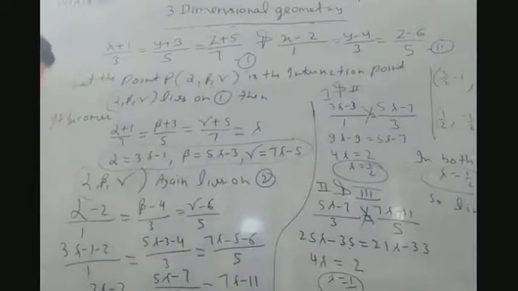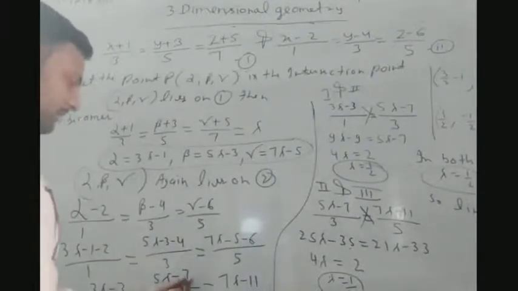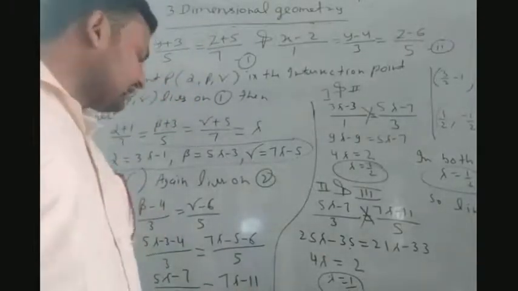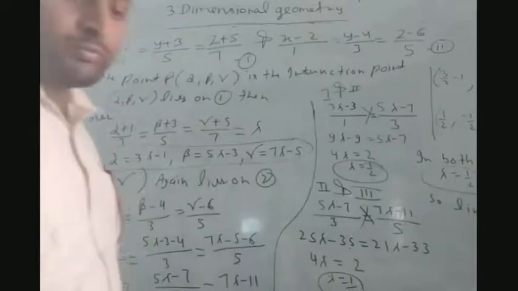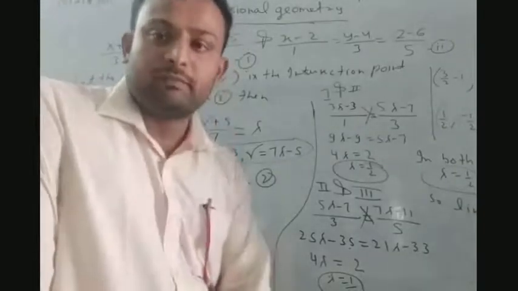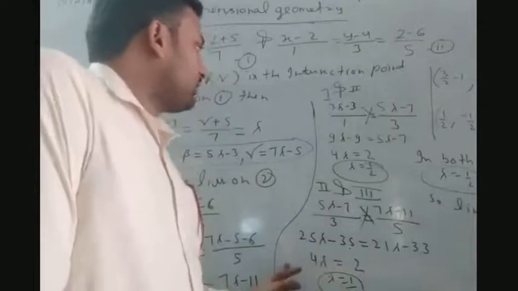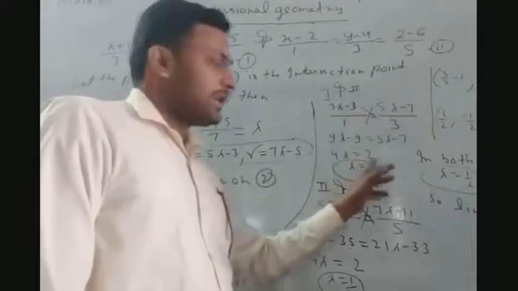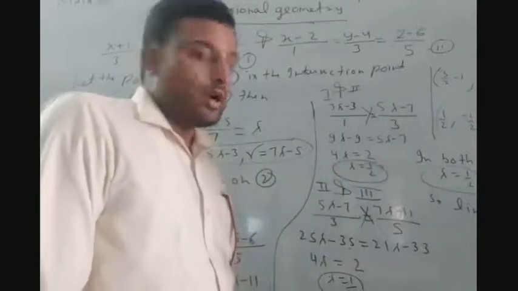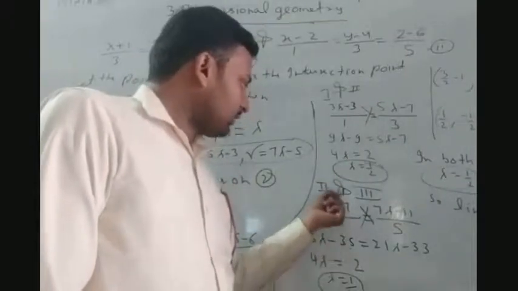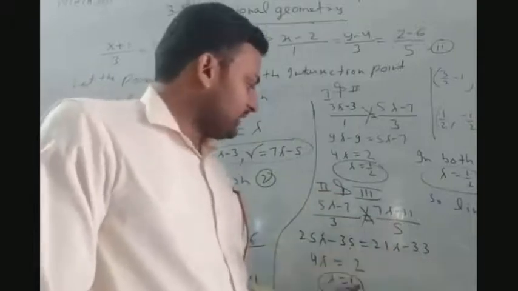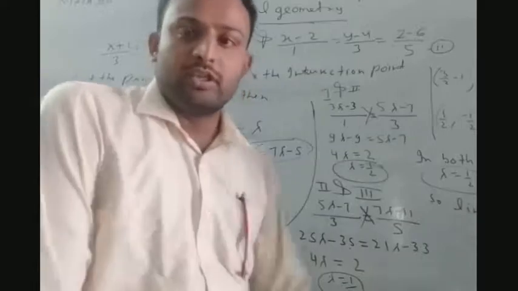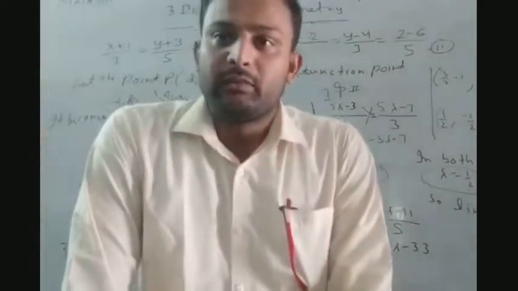We get 3 lambda minus 3 by 1, 5 lambda minus 7 by 3, 7 lambda minus 11 by 5. So this is the first, second and third part. Now we will solve these three parts and find the value of lambda. Taking the first and second part, after cross multiplication we get lambda is 1 by 2. Now we solve the second and third part. Again we see that lambda is 1 by 2 after cross multiplication. So in both cases we get lambda is 1 by 2.